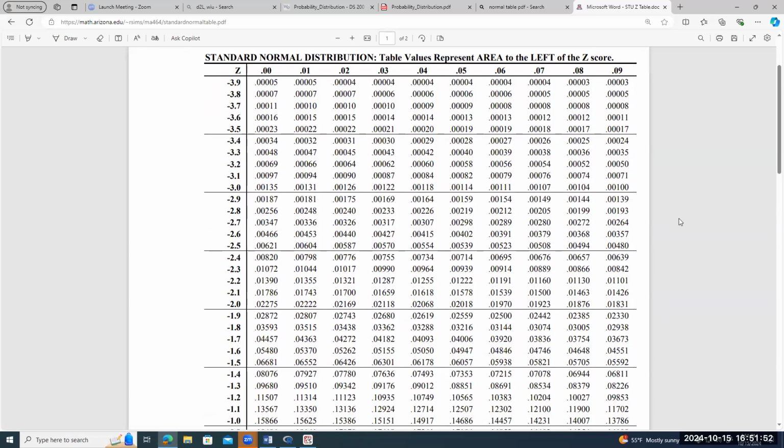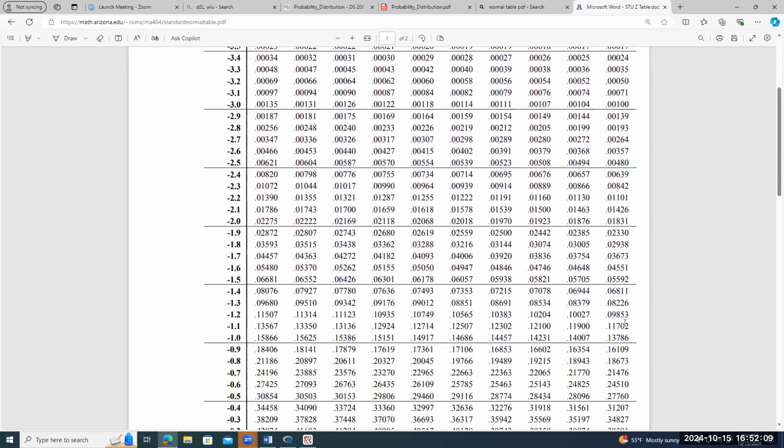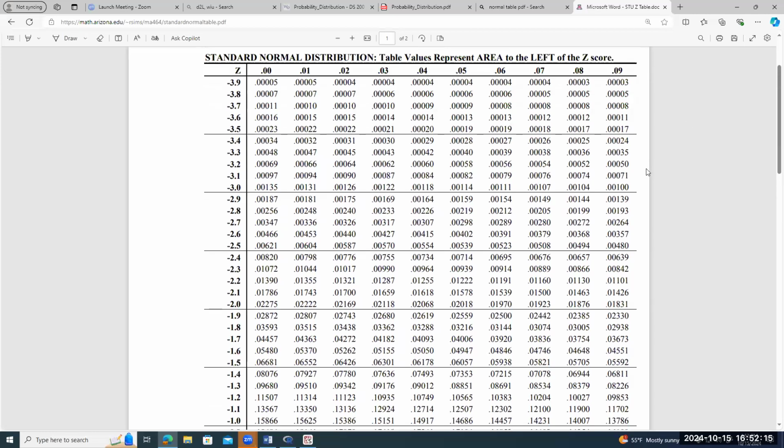Take a look at the board. -1, right? I said -1. Are you seeing -1 in there? -1 and then 0, right?